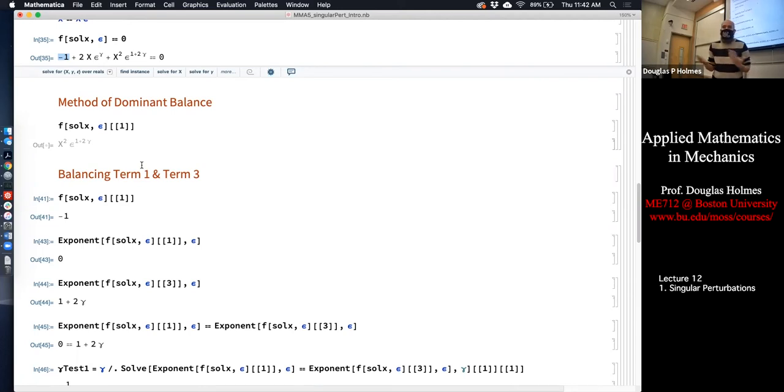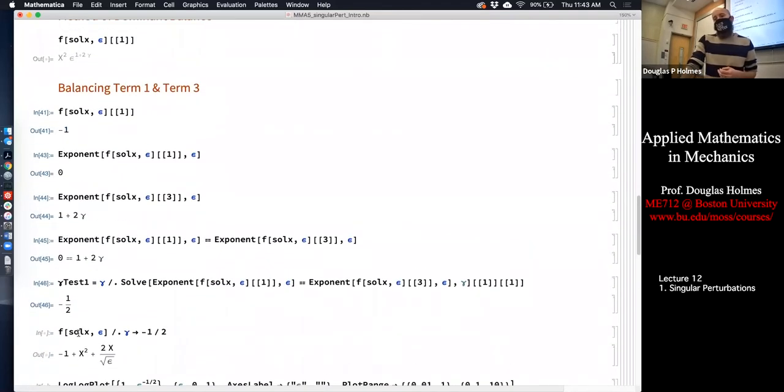And epsilon to the 0 is 1, so you end up with the same term. So if that idea is confusing, that you're balancing terms where some of them have an epsilon, some of them don't, then just rethink the problem and say, okay, this is like -1 times epsilon to the 0, and so now I have epsilon on every term, and I can just make sure that I'm balancing their exponents.